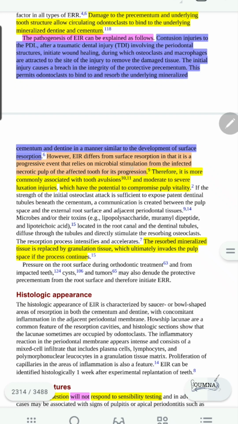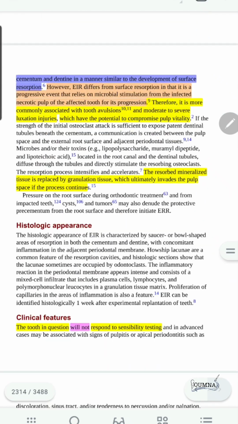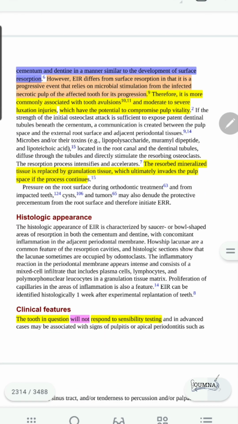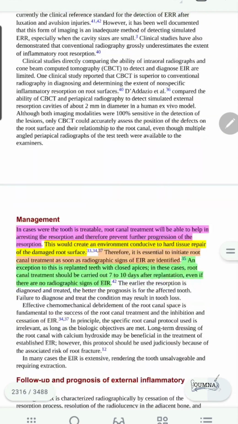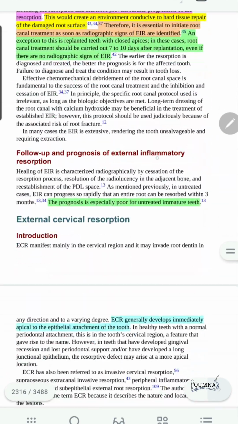So this necrotic tissue is responsible for the progression of the resorption. So our treatment is by doing a root canal treatment.